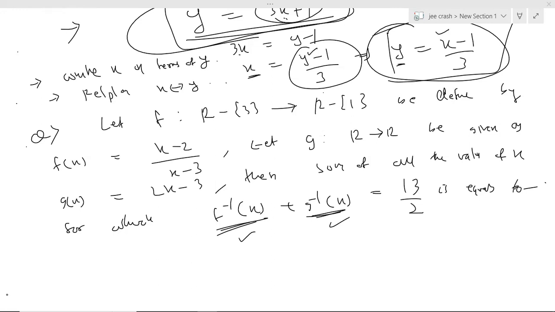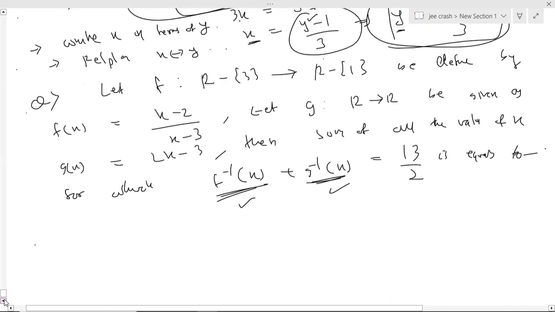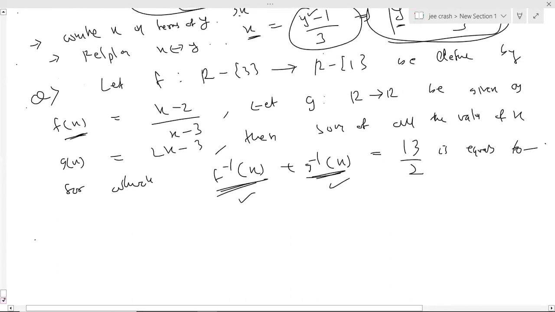Okay. No, this sum is not minus 8. Let me solve this. For f of x, let y be x minus 2 upon x minus 3. So yx minus 3y equals x minus 2.